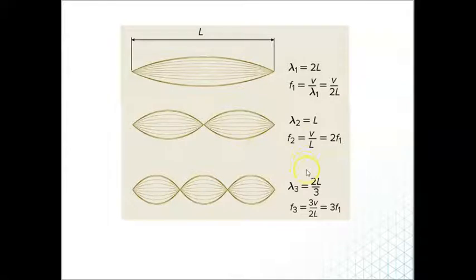Now, if we go to the third harmonic, as we see here, the third harmonic will have 3 antinodes. So, the frequency of the third harmonic is 3 times the fundamental frequency.